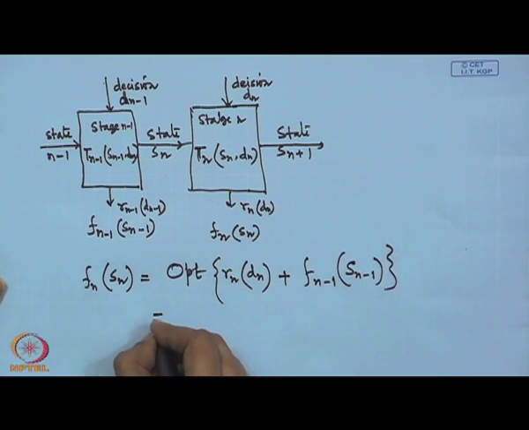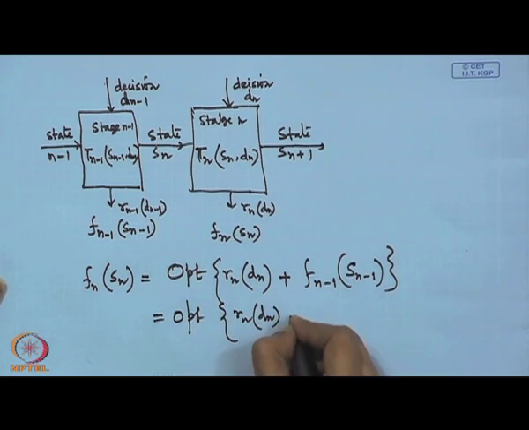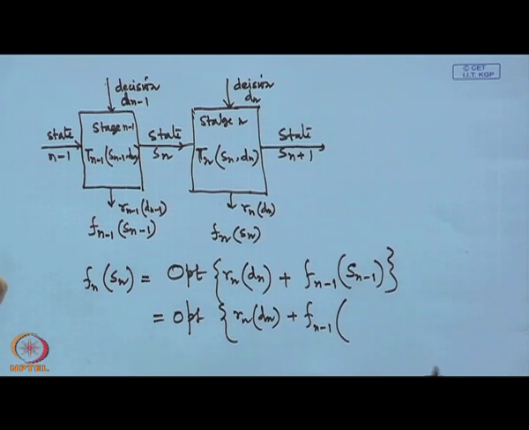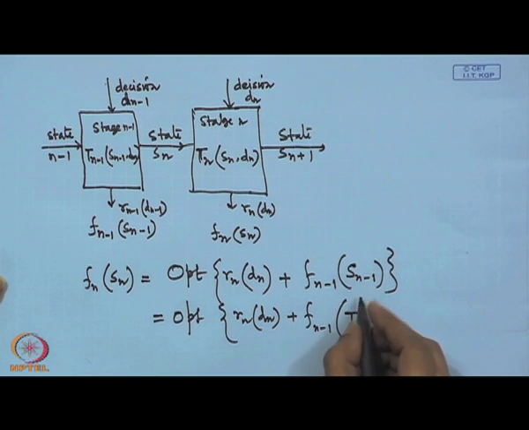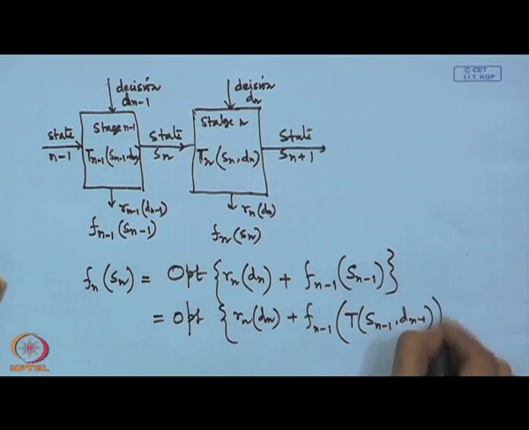In other words, optimum of r n d n plus f n minus 1 of s n minus 1, where s n minus 1 we got from the previous stage through the state transformation equation T of s n minus 1 and d n minus 1.